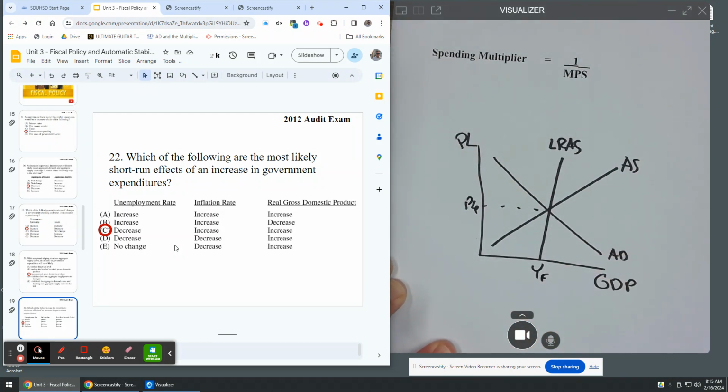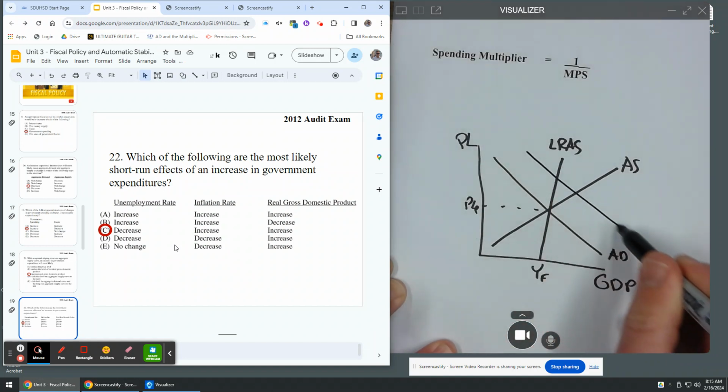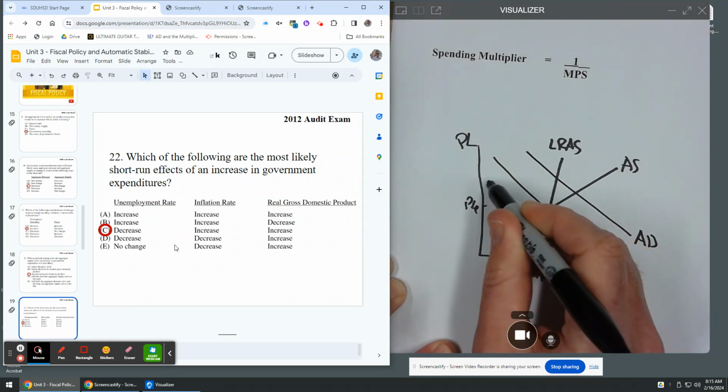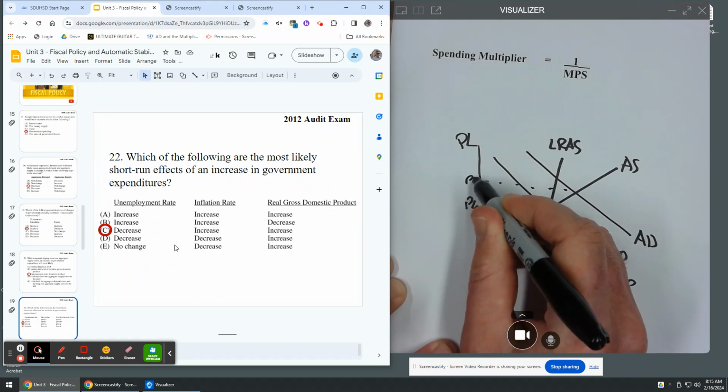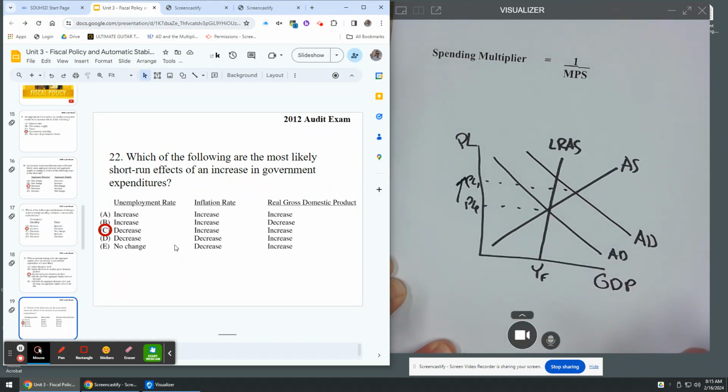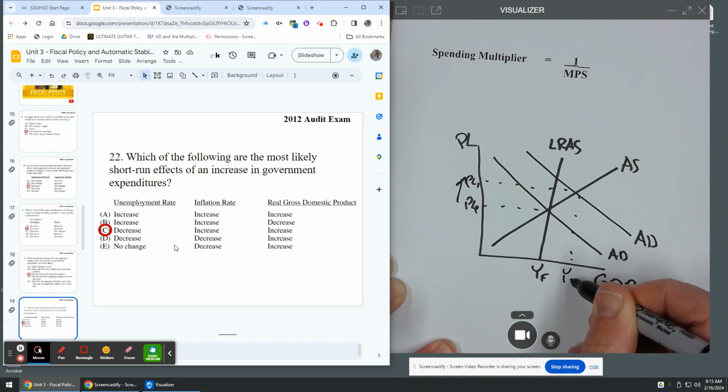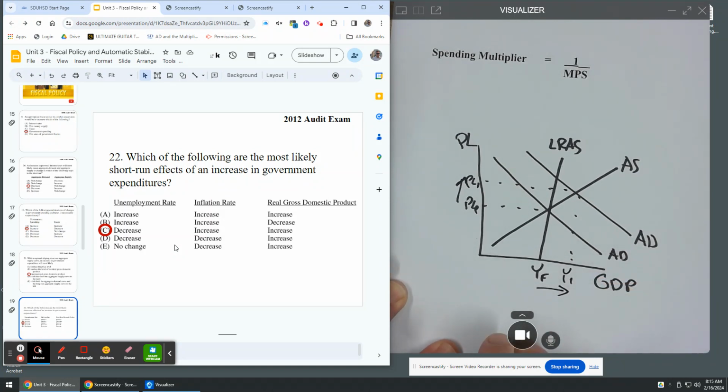So they said an increase in government spending. Well, that's going to bring aggregate demand to the right. Price level goes up, and our GDP goes up.